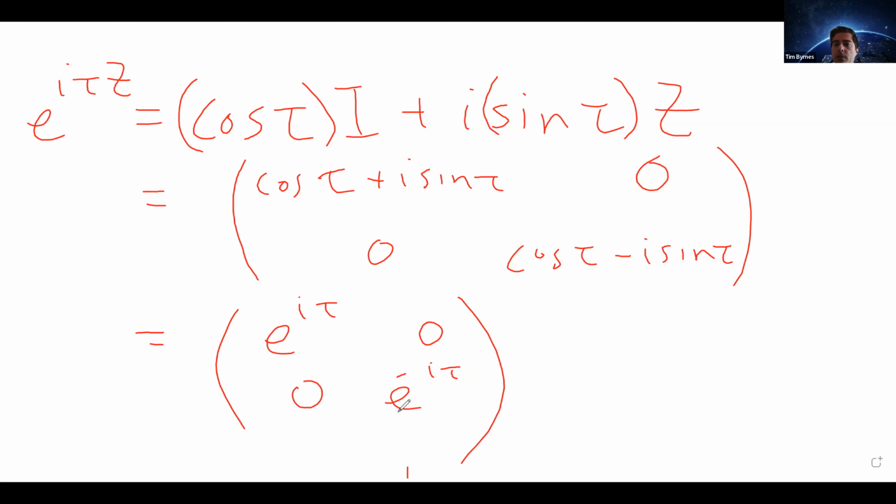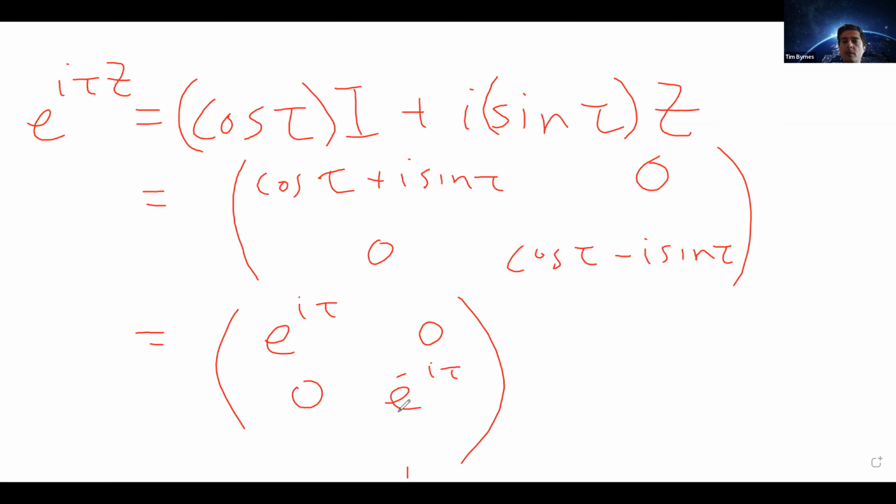And once we've written it like this, then our job is actually pretty easy. Now let's perform the final step, which is just to multiply the initial state by this matrix.